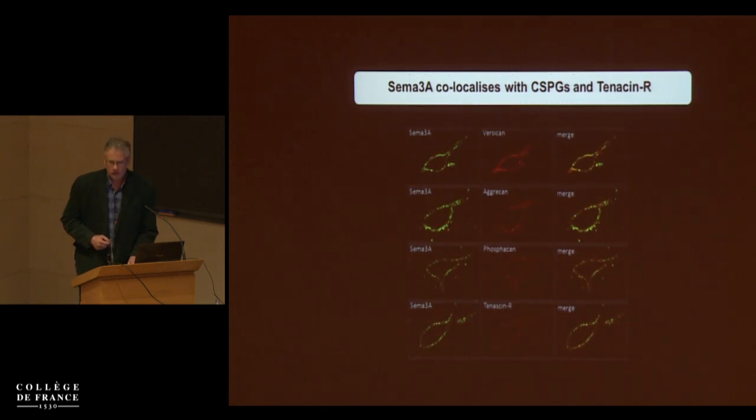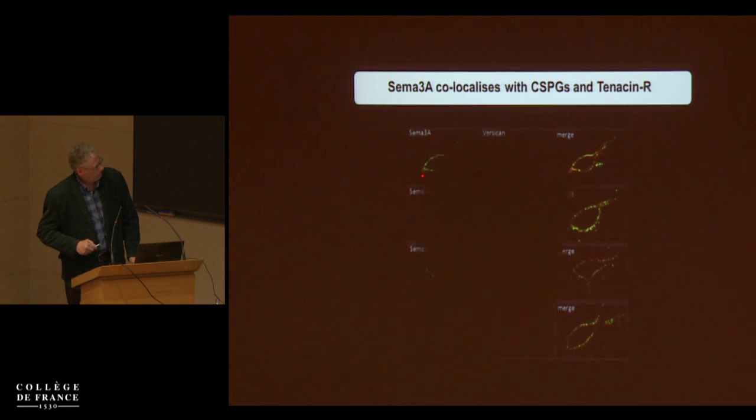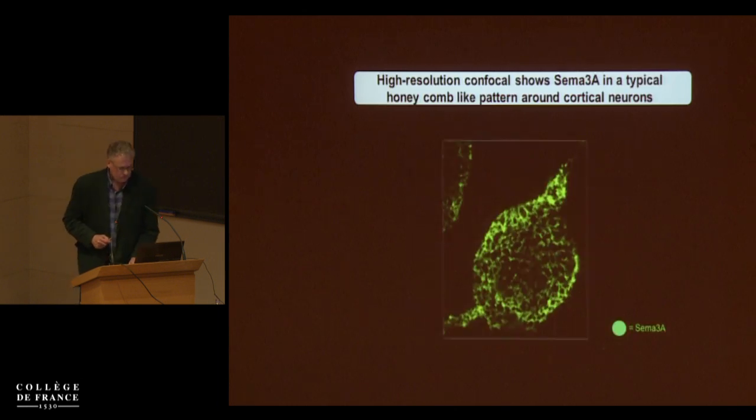Also a number of other CSPGs, such as brevican, shown in this slide, showed close overlap with semaphorin 3A. So here you see the semaphorin 3A panels, and here the different CSPGs, and here the merge. As you can see, there's really very close overlap between the two signals.